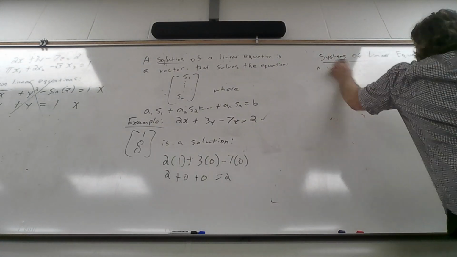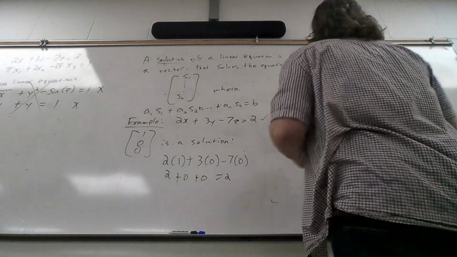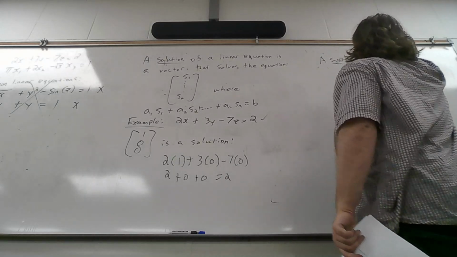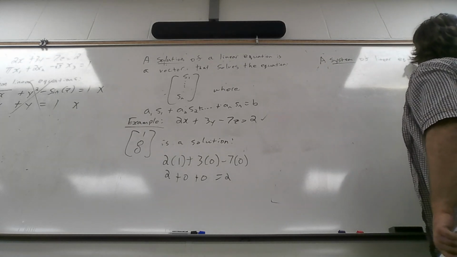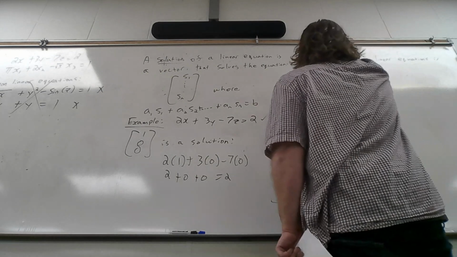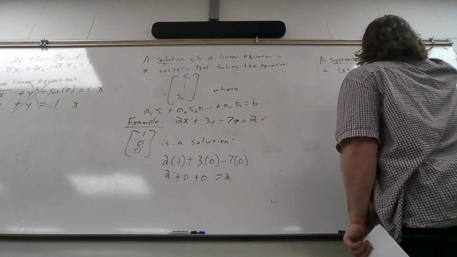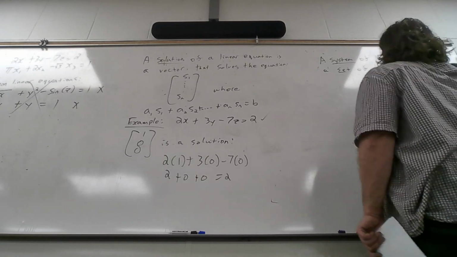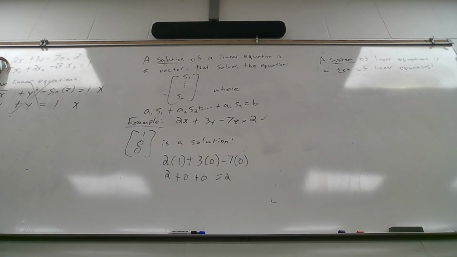Okay, but this is systems of linear equations, not just linear equations. So what's a system? A system of linear equations is just a set of linear equations. So here I have 2 linear equations.